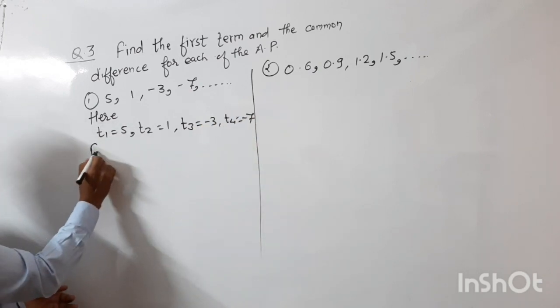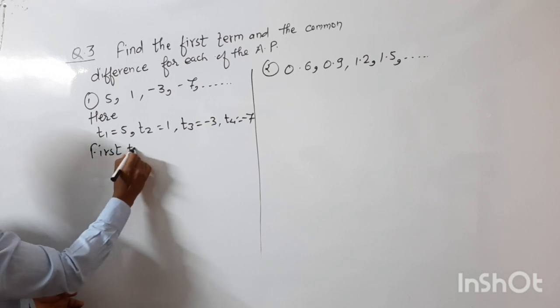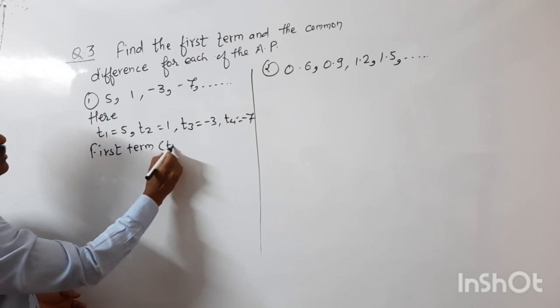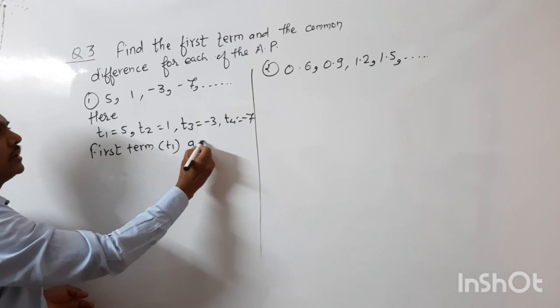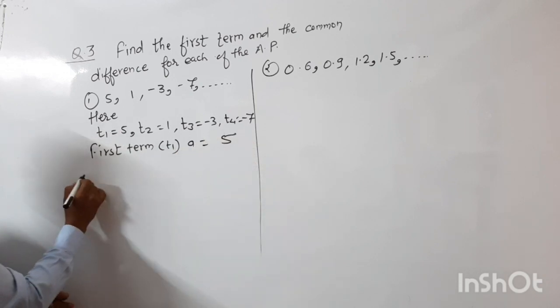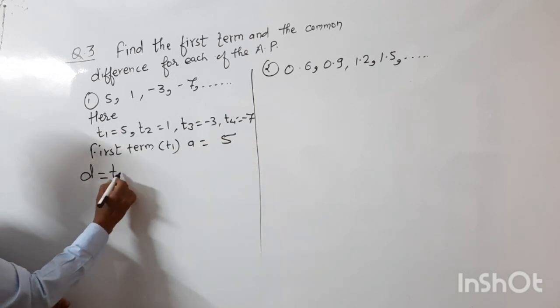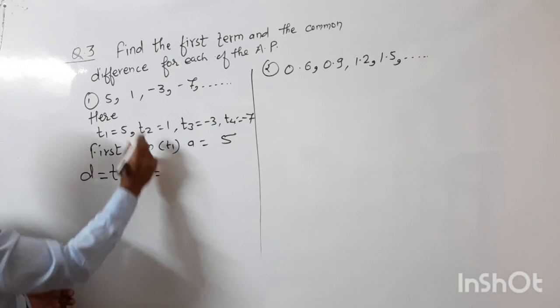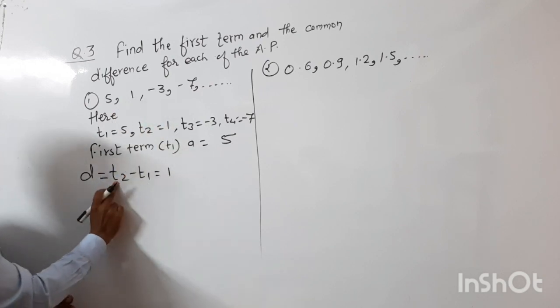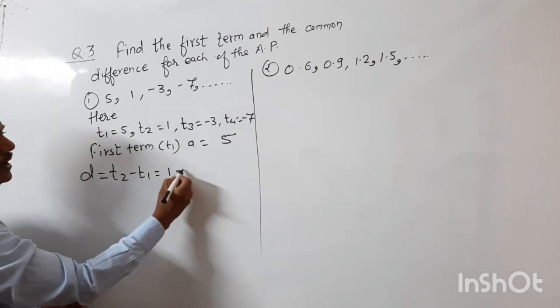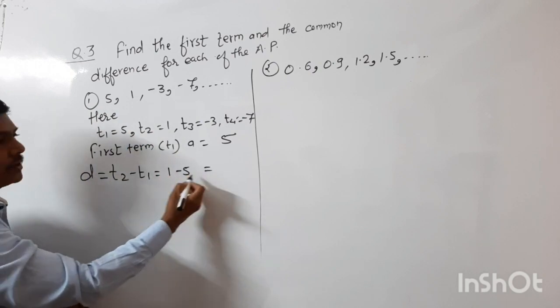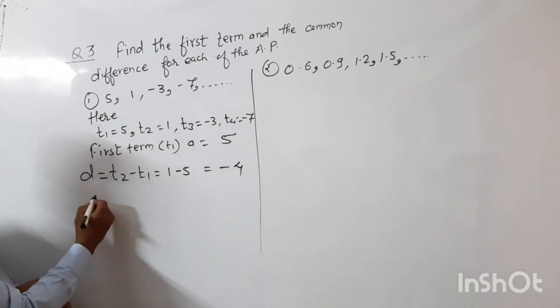So the first term, that is T1 or A, is 5, and common difference D equals T2 minus T1, means 1, that is the second term, and the first term is 5, so plus minus is minus, and take the greater number's sign, so it is minus 4.